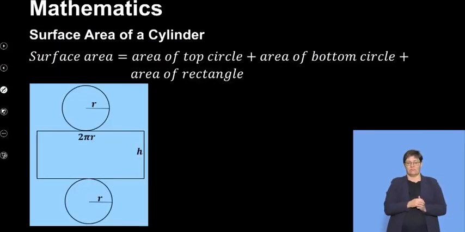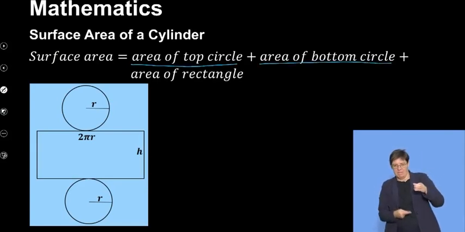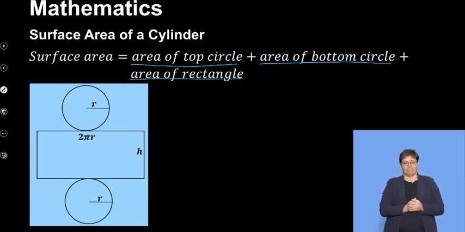So the surface area will be the area of the top circle, the area of the bottom circle, added to the area of the rectangle. So if we look here, I have my top circle and I have my bottom circle. If we think back to what the area is of a circle, we know that it is pi r squared.